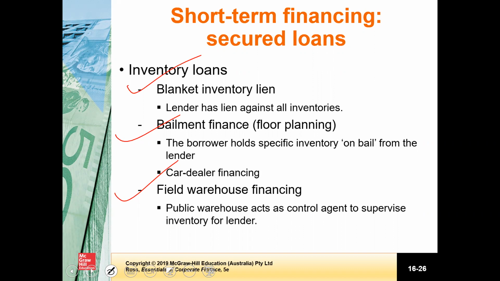However, this can be used only for sellable inventory, not for raw materials or partly completed goods. Field warehouse financing is where a public warehouse company acts as a control agent to supervise the inventory for the lender. So this is field warehouse financing.